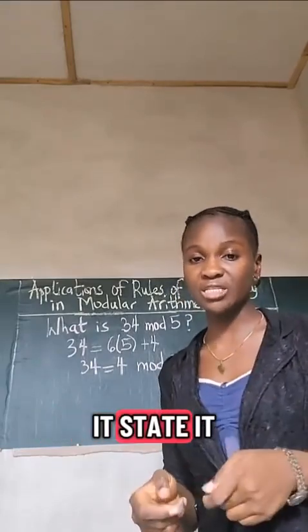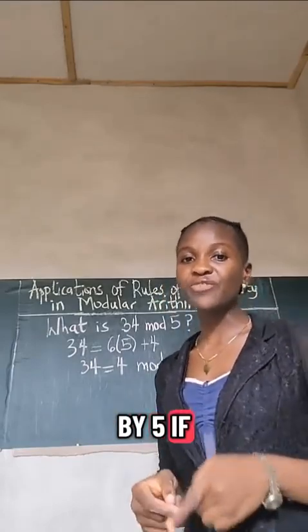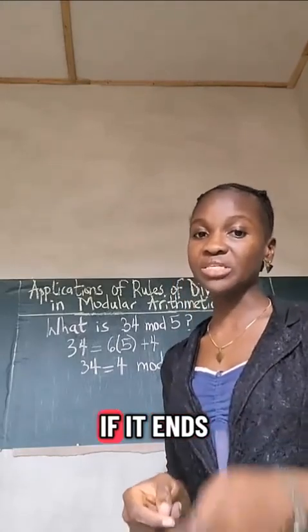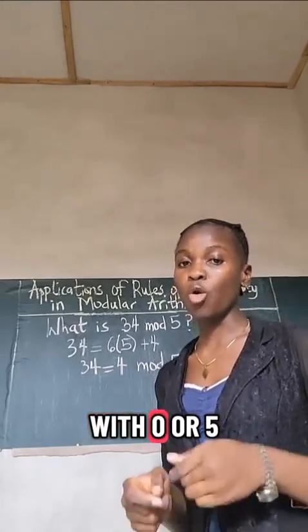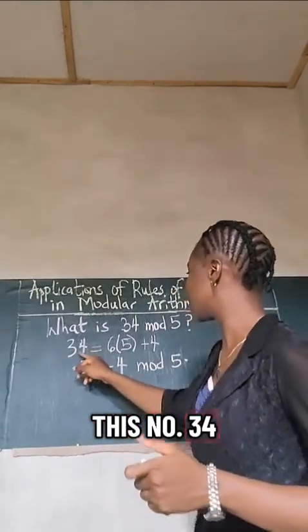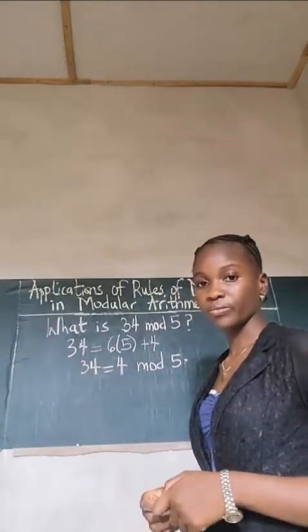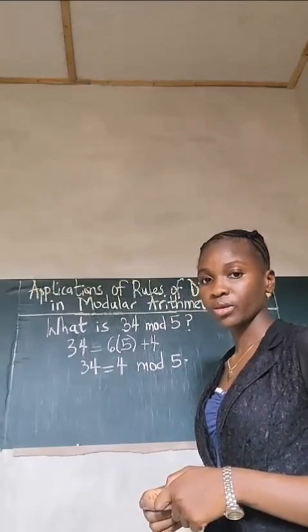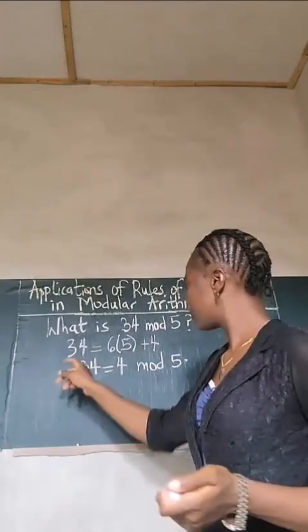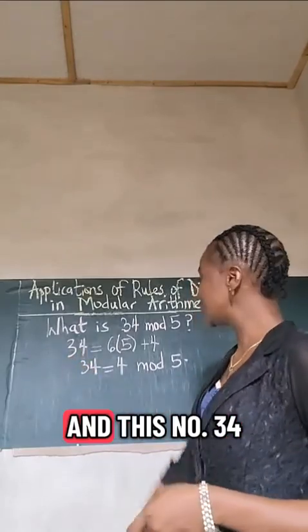And what does it state? It states that a number is divisible by 5 if it ends with 0 or 5. Let's look at this number 34.